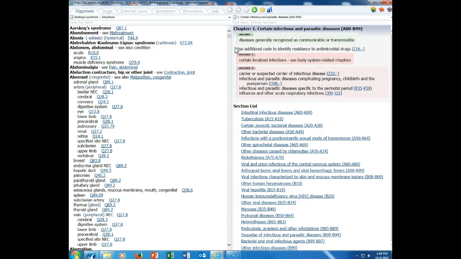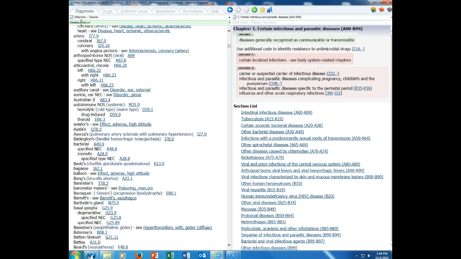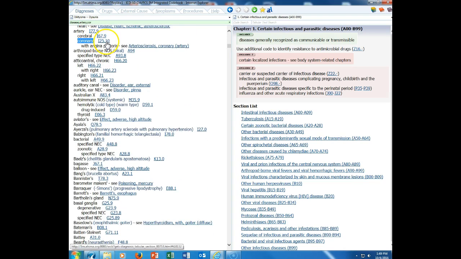For this question, we are coding the coronary artery disease, I25.10. But we are not coding it with angina pectoris.